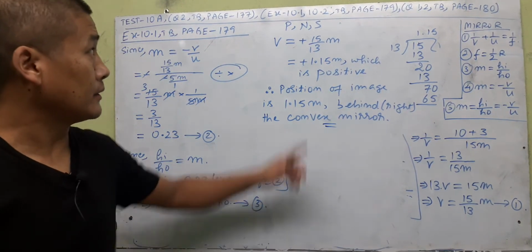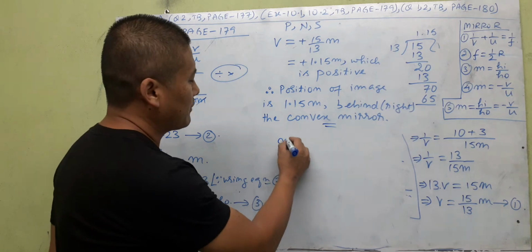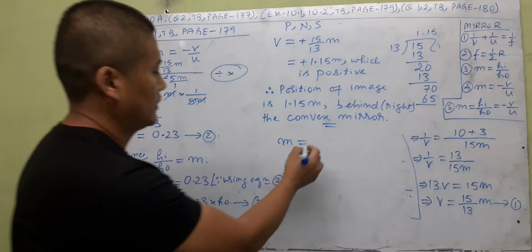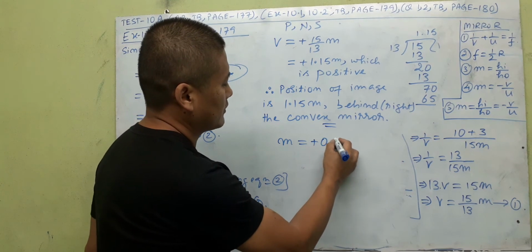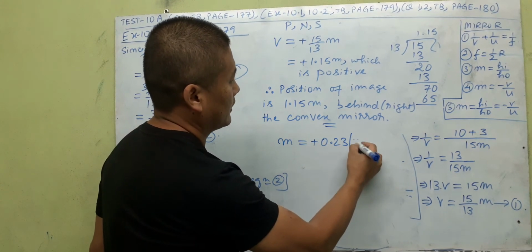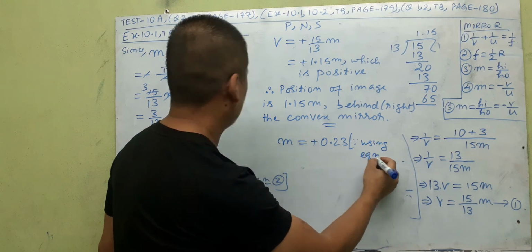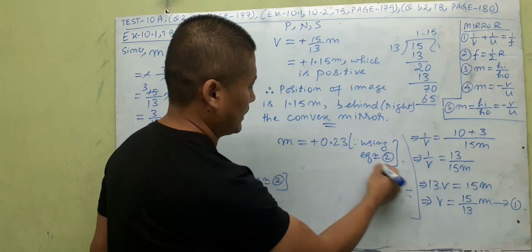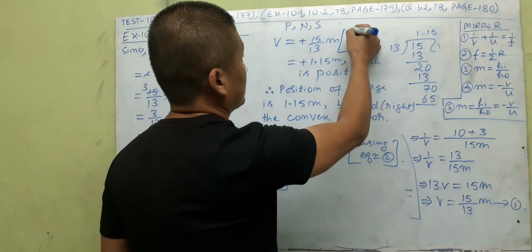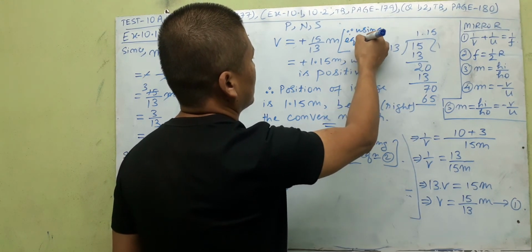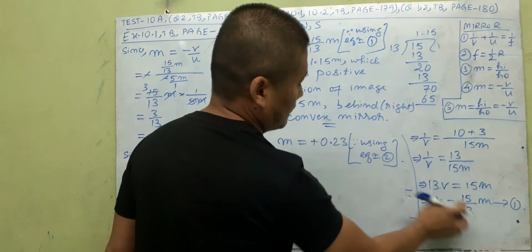The next, nature. We learned that M will tell you the nature. So M is equal to, just now we got here, no sign means plus 0.23. We got this by using equation number 2, and we forgot to write here, but you also write, since using equation number 1, we got the V value.